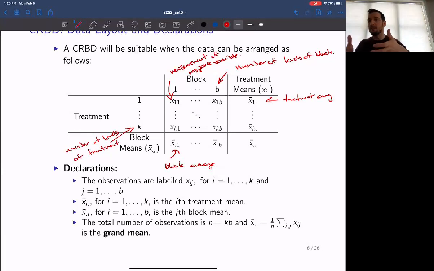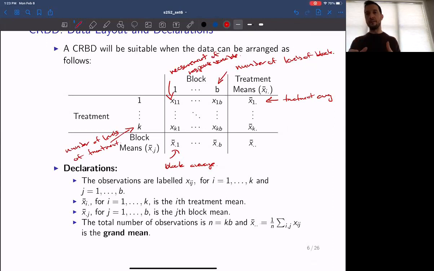We're basically just adding the block in, taking block means so that we can compute a block variance and then just kind of throw it out so that we can compare the error and the treatment directly without having the block absorbed into the error. But I'll come back to talk about that in a little bit.